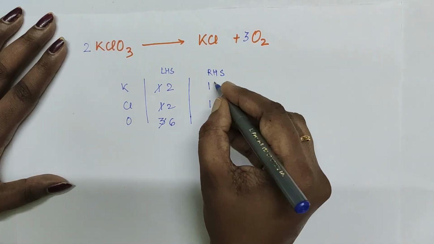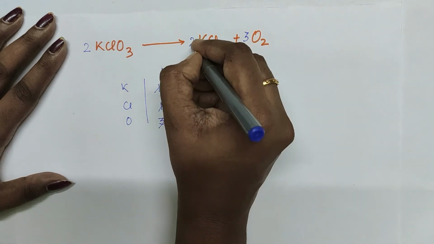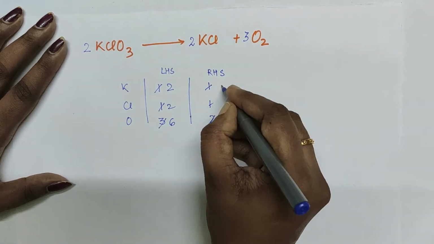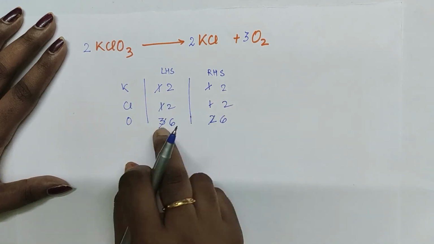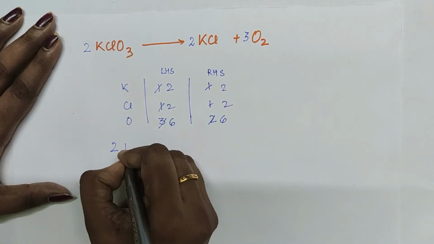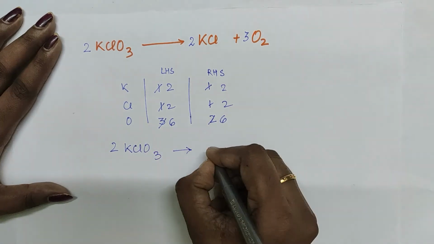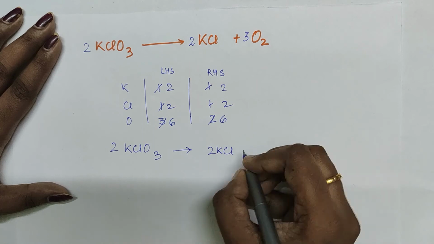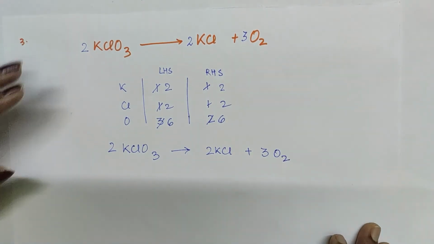But chlorine and potassium are not balanced, so we need to make them 2, so we put the coefficient 2. So now we have 2 chlorine, 2 potassium, 6 oxygen on both sides. The balanced equation is 2 KClO3, potassium chlorate, giving 2 molecules of potassium chloride and 3 molecules of oxygen.